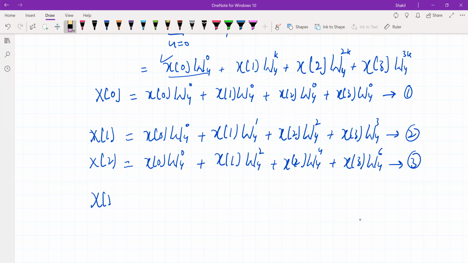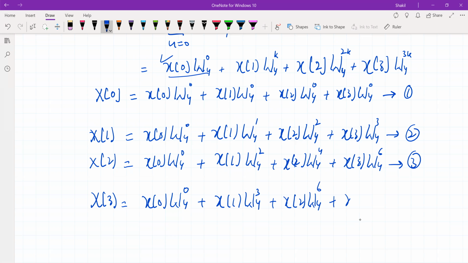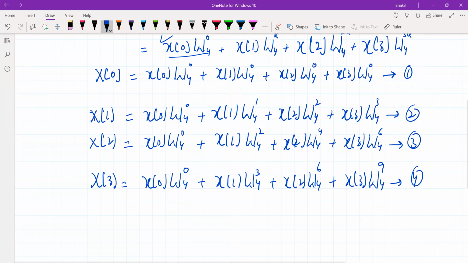X of 3 is x of 0 W4 to the power 0, x of 1 W4 to the power 3, x of 2 W4 to the power 6, plus x of 3 W4 to the power 9, since 3 into 3 is 9. So these are our 4 equations. This is our 4-point DFT.